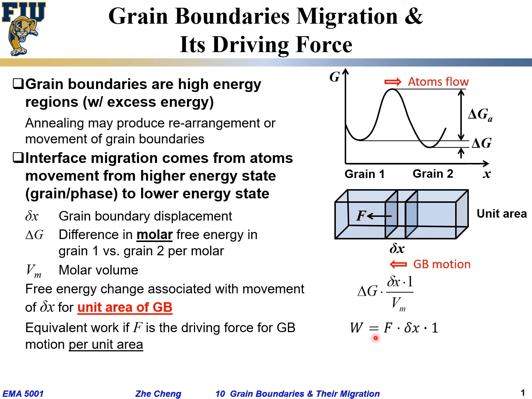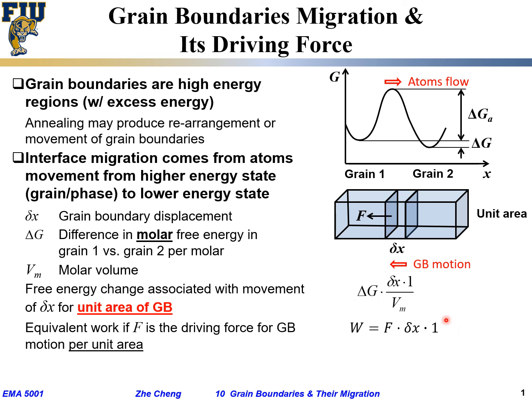Then the total work is force times displacement, and this force is per unit area, so I multiply by my unit area, times delta x, my displacement. This is my total work.